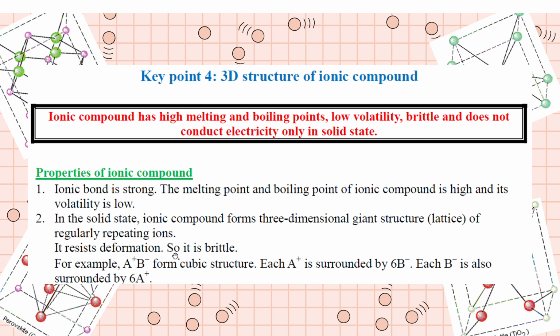It resists deformation, so it's brittle. If you really want to deform it, it will break. It's not flexible. For example, A plus and B minus form a cubic structure, for a simple one. Each A plus is surrounded by 6 B minus, and each B minus is surrounded by 6 A plus. We call it a cubic structure.